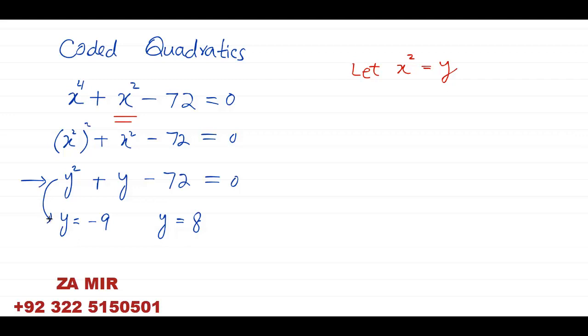But our actual equation is in x, and we supposed y is x square. Now what we'll do, we will use x square in place of y. So x square will be minus 9 and x square will be 8 here. As a square number cannot be negative, this is an invalid solution.